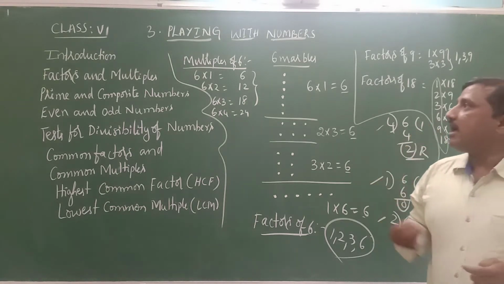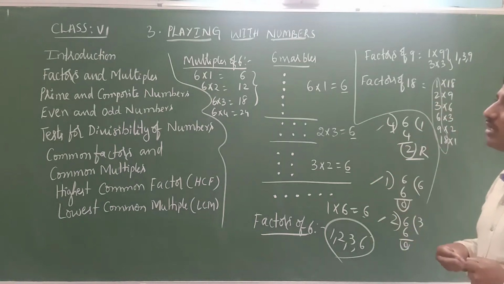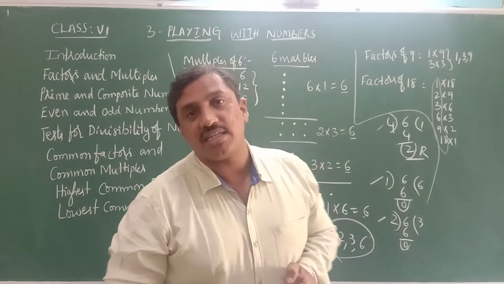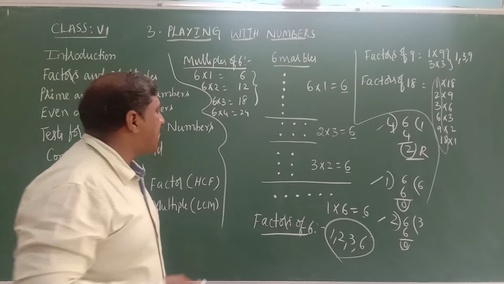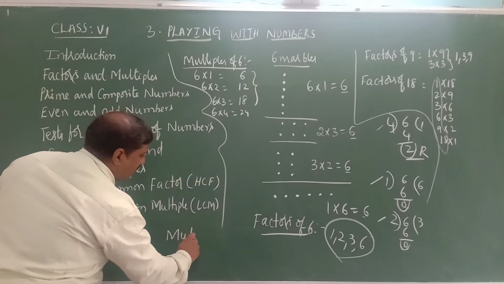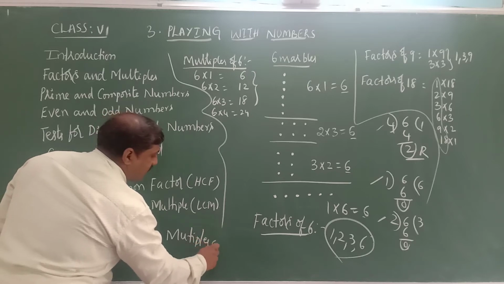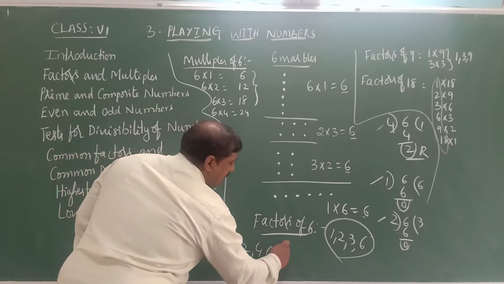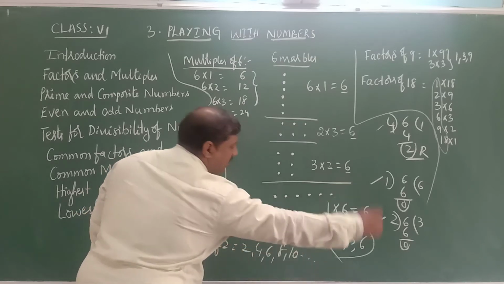These are the few points we have to remember about the multiples and factors of a number. If you take multiples of 2, they are 2, 4, 6, 8, 10 and so on.